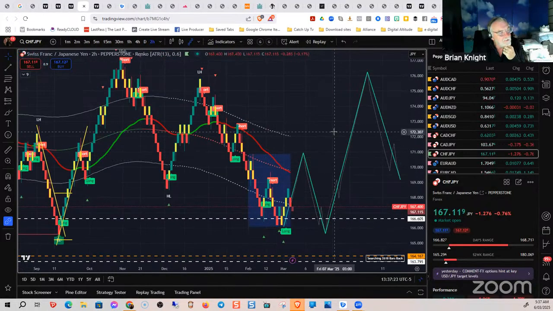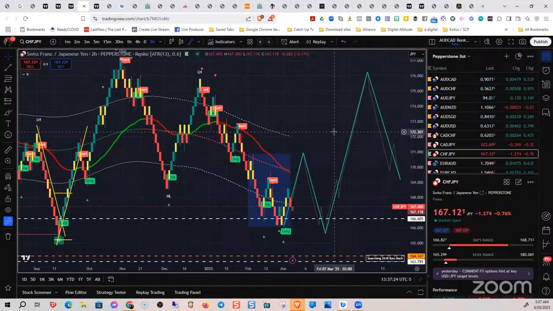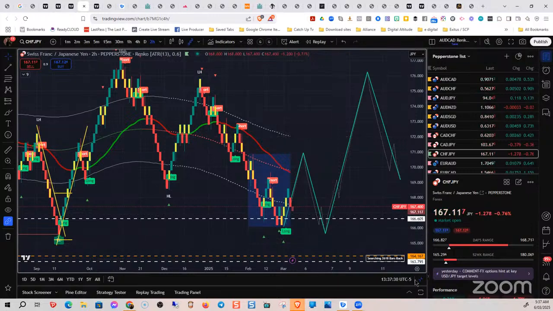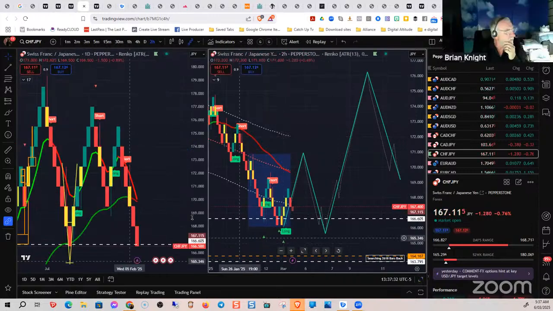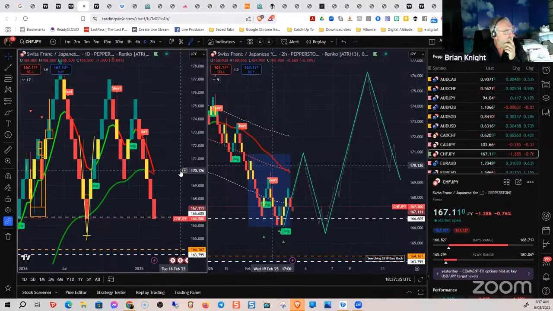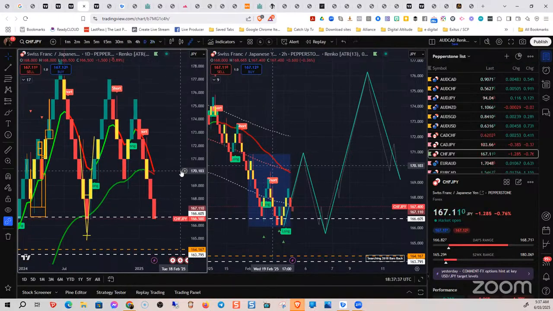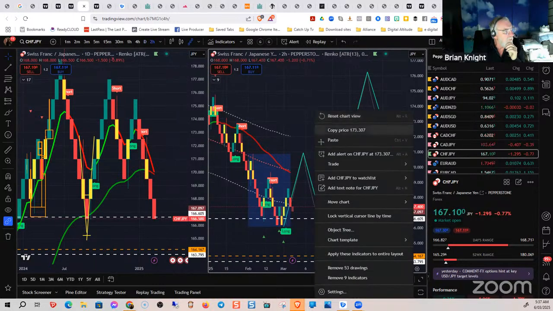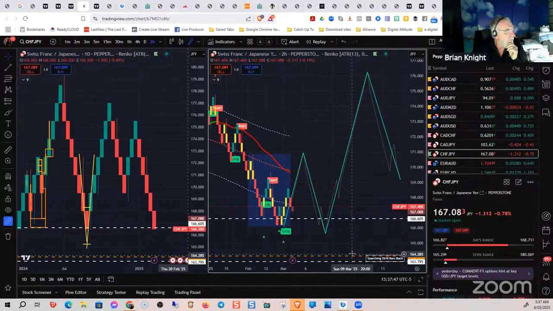Okay, so now split the screen. What do you mean? Split the screen from the 2 hour to the daily. Just split them in half. Oh, all right, sorry. There you go. Yep. Okay, and then on the right side, just hit copy all, apply to entire.